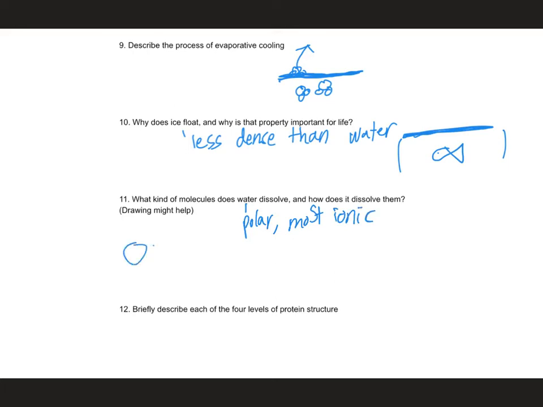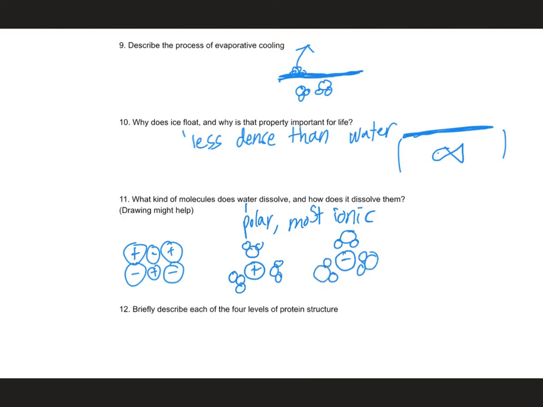If we have an ionic substance, draw an ionic substance with some positive ions and some negative ions, or a polar molecule with positive ends and negative ends, the negative oxygens in the water will surround the positive ions, and the positive hydrogens in the water will surround the negative ions, or the negative parts of polar molecules, and in that way it can break up and dissolve those molecules.